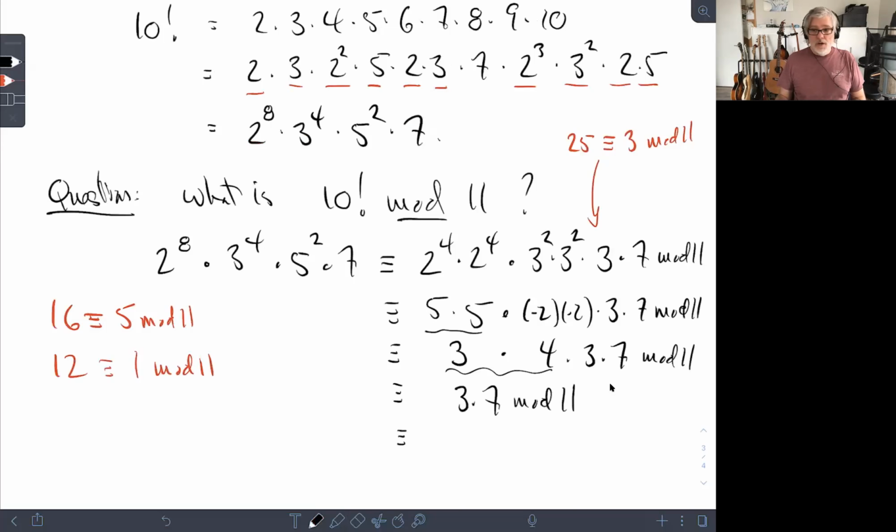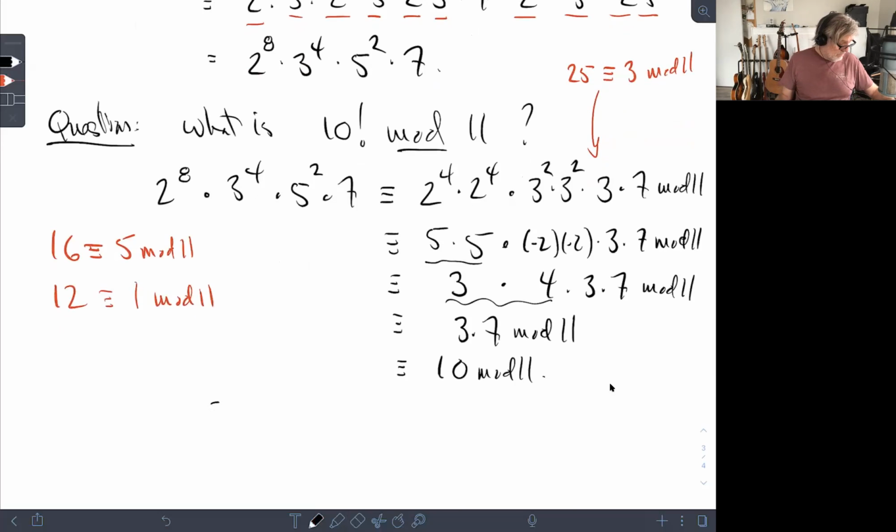And 21 mod 11, that's 22 minus 1, that's minus 1. So it's 10 mod 11. And so the answer, 10 factorial mod 11. Remember, if it's underlined or bold, it's the function mod, which is the remainder of the division. So this is 10.